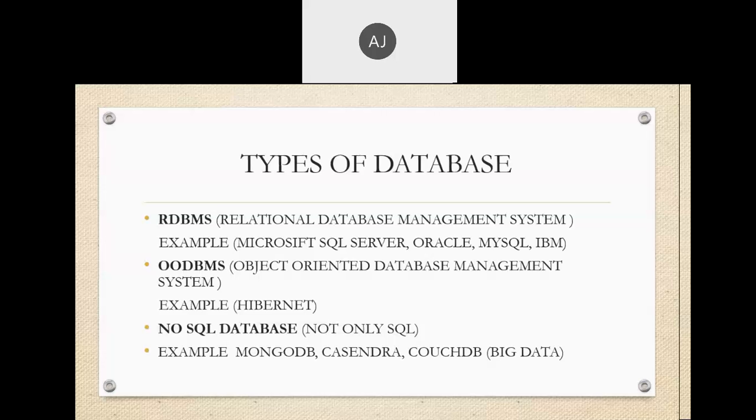Without SQL, we cannot perform database related operations. What is SQL? SQL stands for Structured Query Language, where we can pass the query and we get the data. By using that query, we can also store the data. So there are three different kinds of databases: RDBMS, OODBMS, and NoSQL database.